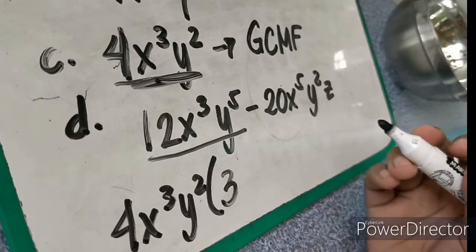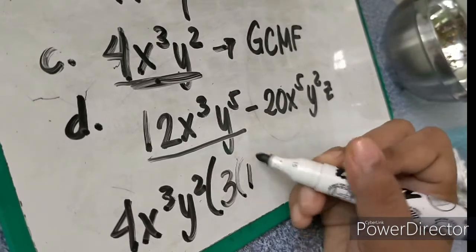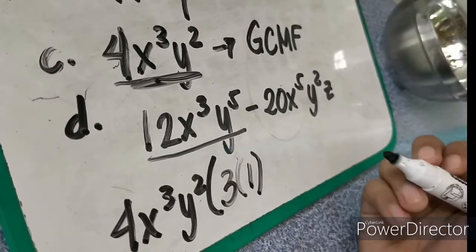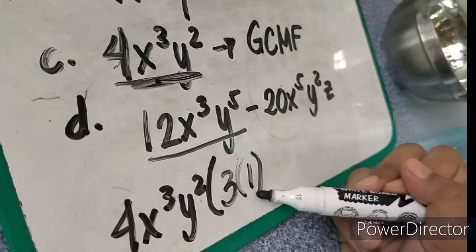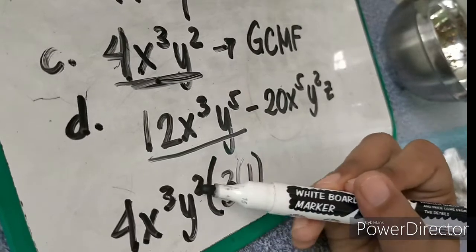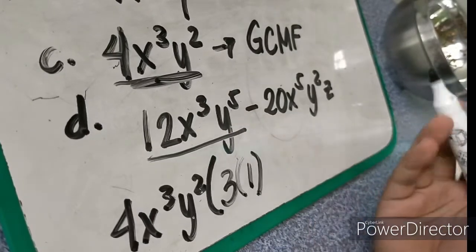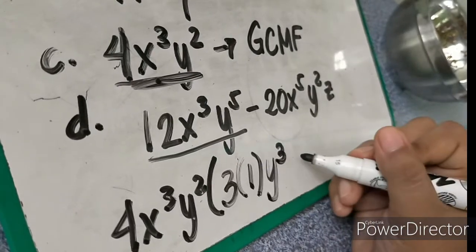And any variable with exponent 0, the answer is 1. Always po yon. Pag naging 0 ang exponent ng variable, it is equal to 1. Next, y raised to 5 divided by y squared. 5 minus 2 is 3. So, mayroon tayong y raised to 3.